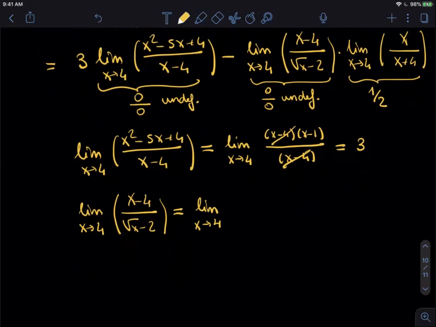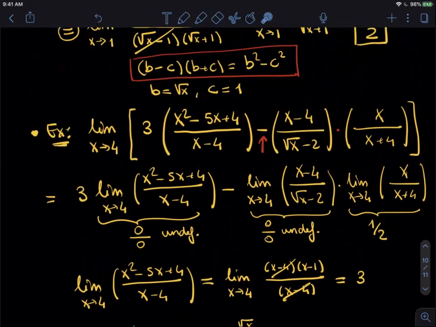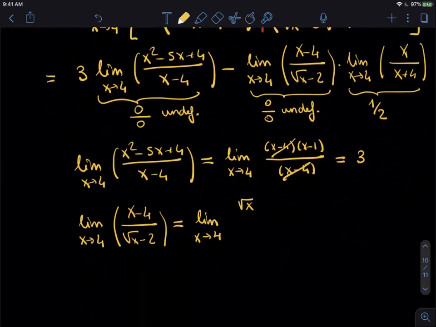So we can use the trick we were discussing before, this one that is now in our toolbox, with b equals the square root of x, c equal to 2. So this is square root of x plus 2, square root of x minus 2, divided by square root of x minus 2, which cancel out. The square root of 4 is 2, 2 plus 2 is 4, and we are good to go.